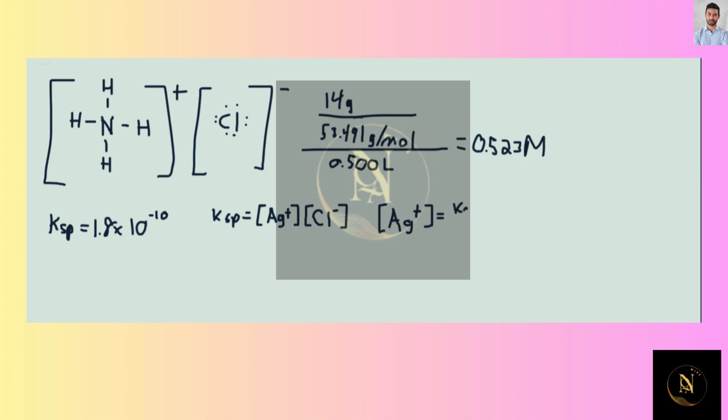We assume silver nitrate is very soluble, so you're going to have a 1-to-1 ratio of silver to silver nitrate. So the amount of silver we have to add, in fact, let's just write this as the concentration of silver, is going to equal the concentration of silver nitrate.